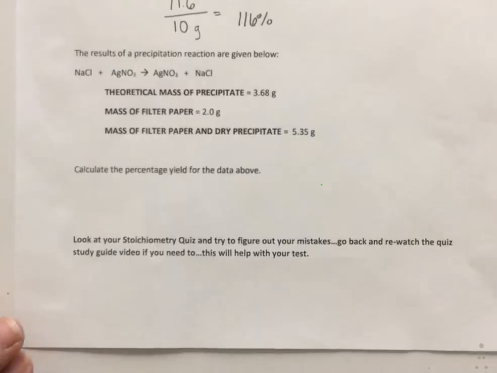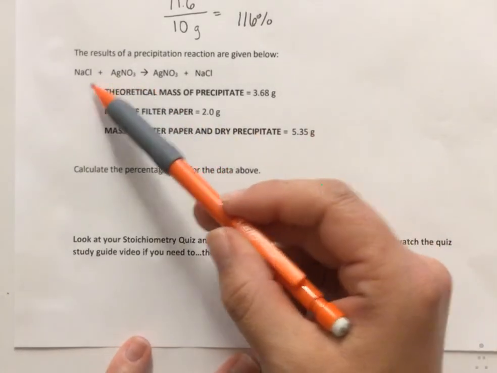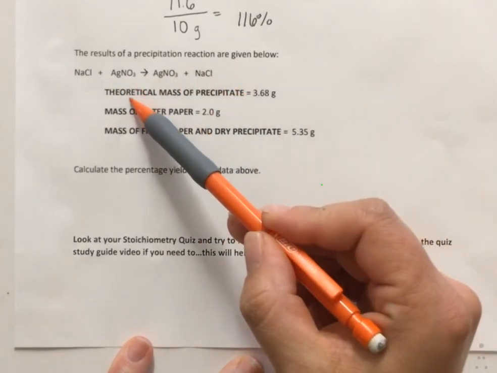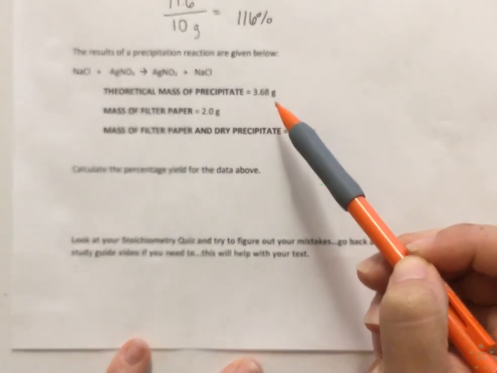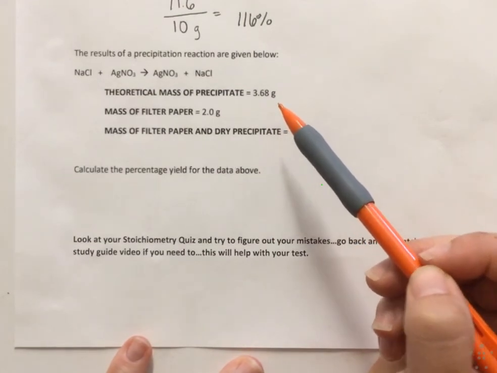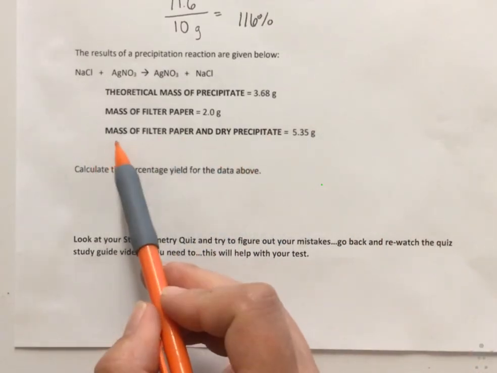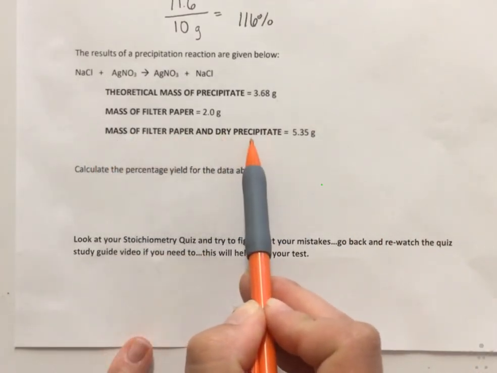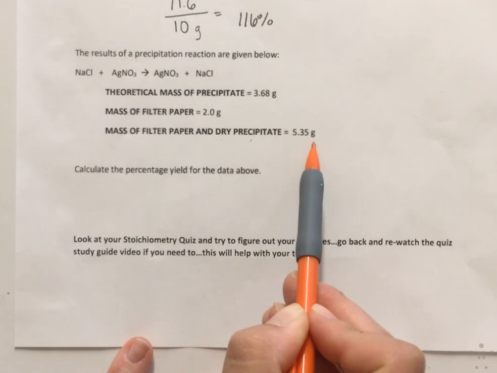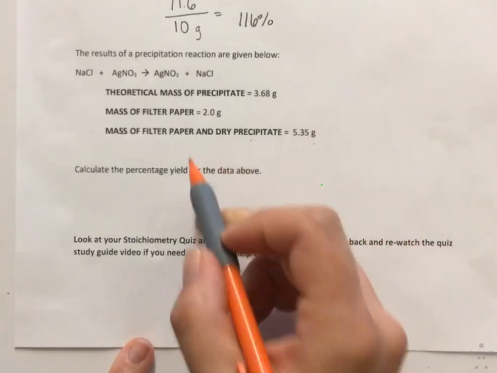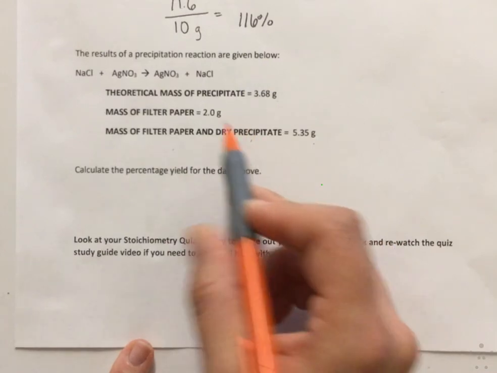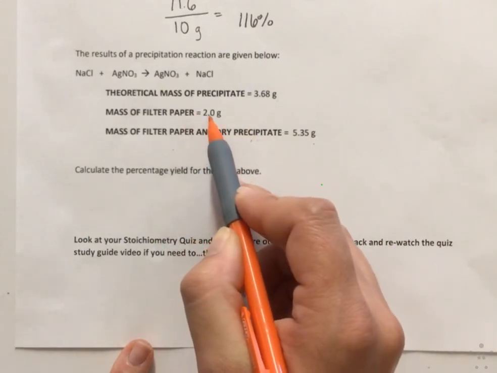So now we have kind of a lab scenario, and it says that we've done this reaction, and we know our theoretical yield is 3.68. Somebody has done the math for us. And then we have the mass of filter paper plus what we produced in the lab. So if we have 5.35 grams of filter paper plus our product, then we can subtract the filter paper and get our actual yield.